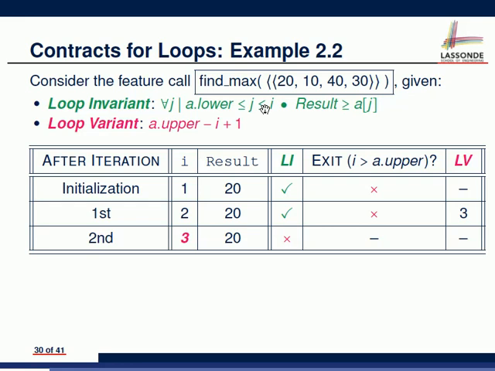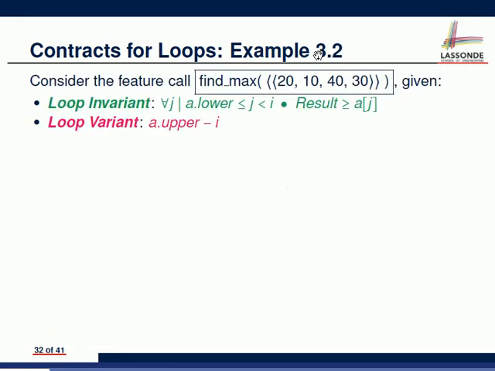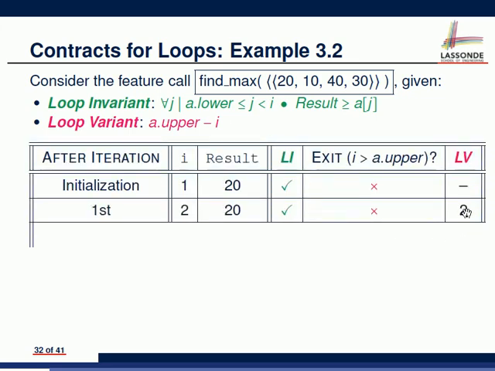So that's the second example here. And in the third example, I changed the loop invariant back to the good one, back to the strictly less than. But now the thing I put as a bad version is the loop variant. Rather than having a.upper minus i plus 1, I remove the plus 1. That means the loop variant is going to be 1 off from the previous one. If you try to trace it, you will see that we're going to start with 2 rather than 3.